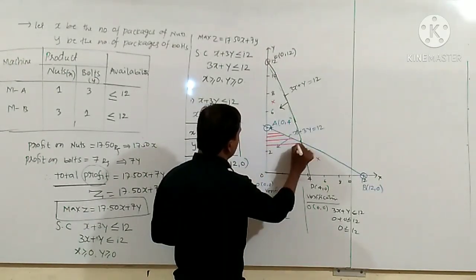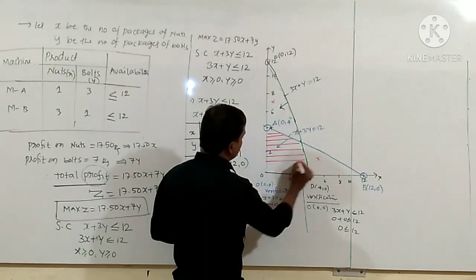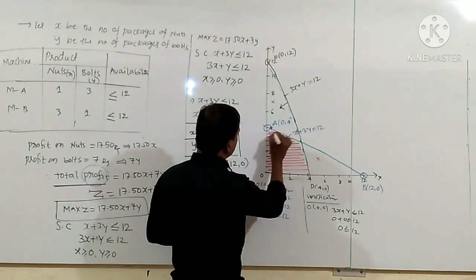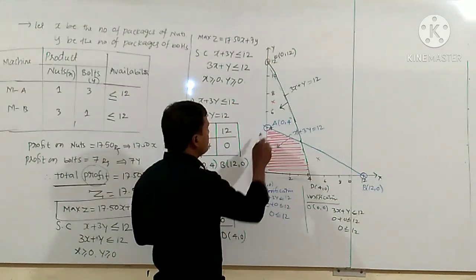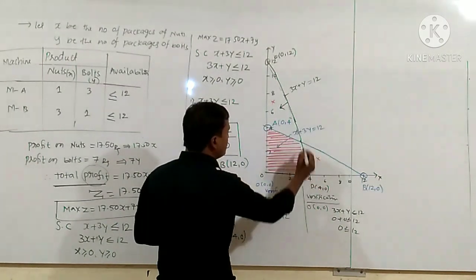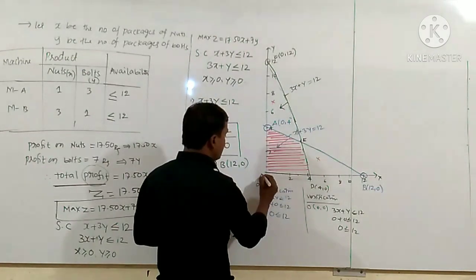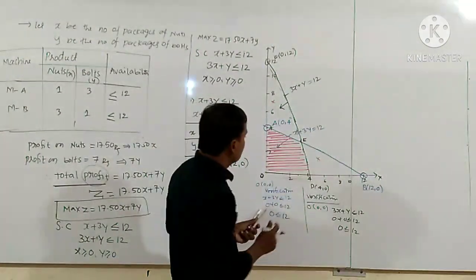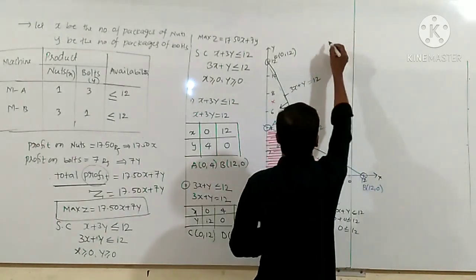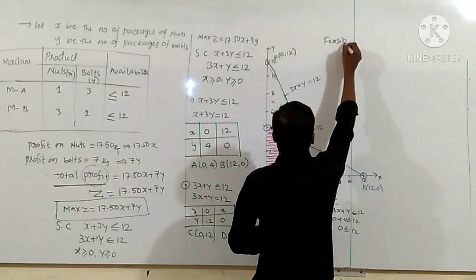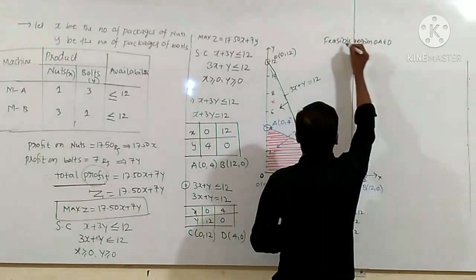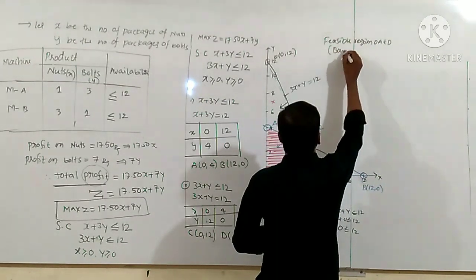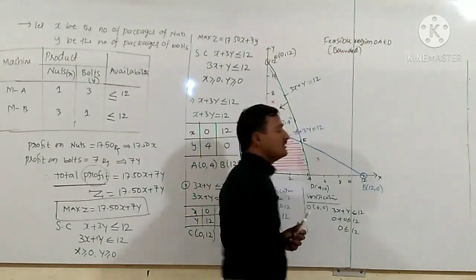Feasible region is nothing but the common region, which you already discussed. So I will call the points: here it is A, here D, here E, and here O. The feasible region is OAED, and clearly this feasible region is a bounded region.